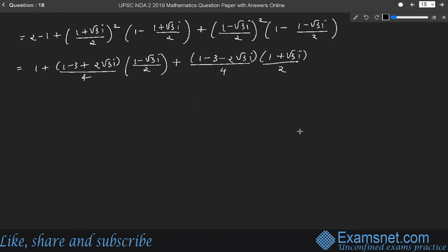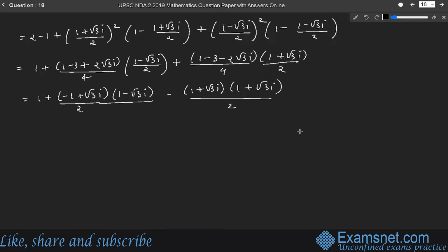On further simplifying it, it will be equal to 1 plus (minus 1 plus root 3i) divided by 2 into (1 minus root 3i) again divided by 2 minus (1 plus root 3i) into (1 plus root 3i) divided by 2. So this will be equal to 1 minus 1 by 4 into (1 minus 3 minus 2 root 3i) minus 1 by 4 into (1 minus 3 plus 2 root 3i).